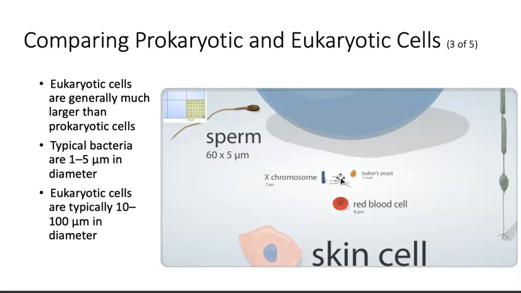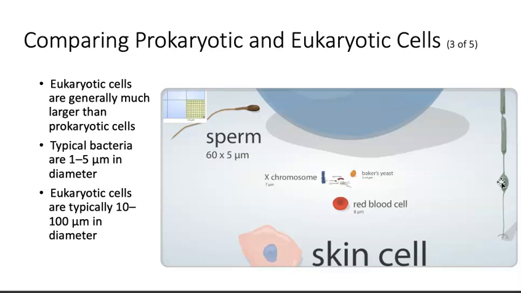So if you look really carefully right in this region here, you can see a small round bacteria or rod-shaped bacteria. There's even some spiral bacteria in there. Then we see some yeast. There's a human red blood cell. Look how much bigger the human red blood cell is compared to that bacterial cell.